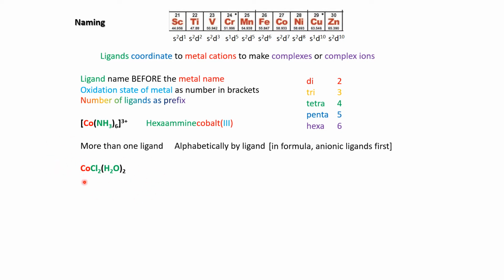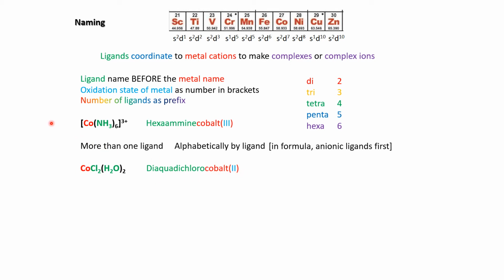So in other words, any anions balance out any cationic part of it. Water, of course, is a neutral ligand, so we ignore that. Chloride is -1. So we got 2 chlorides, that's -2. For the whole thing to balance out, the cobalt must be +2. So it is diaqua for the 2 aquas, dichloro for the 2 chloros, cobalt for the cobalt, and then we just decide it must be cobalt(II).